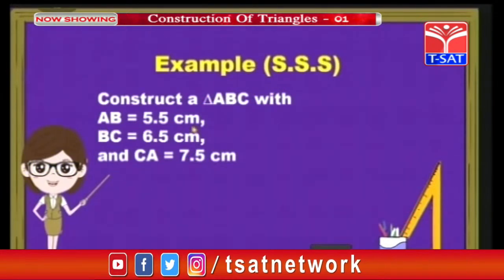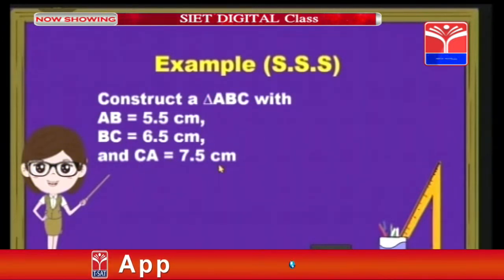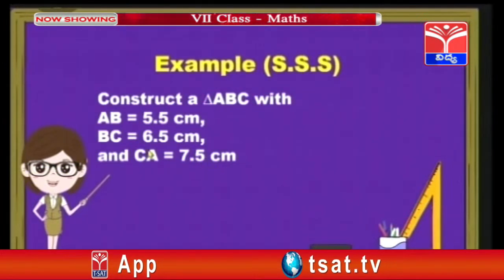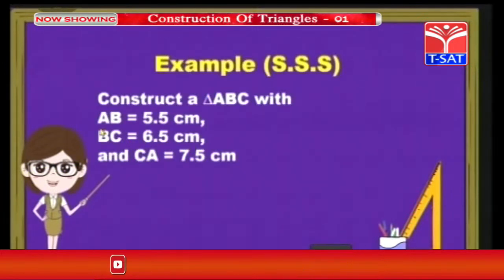Here, AB, BC, CA are sides. You can take any one measurement as base, children, but I am going to take AB as base.